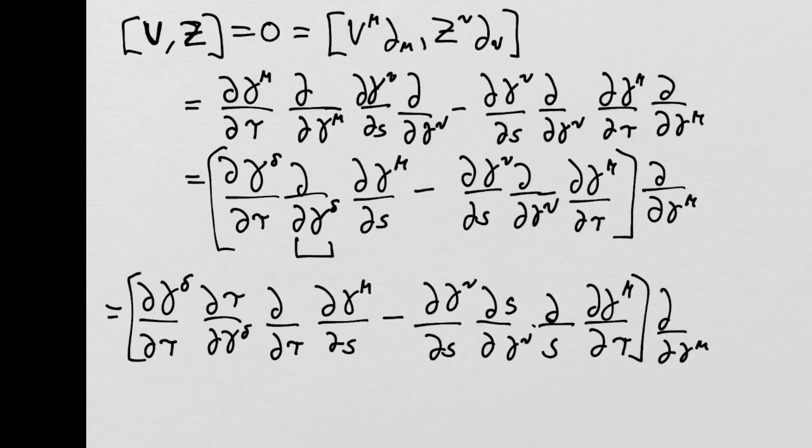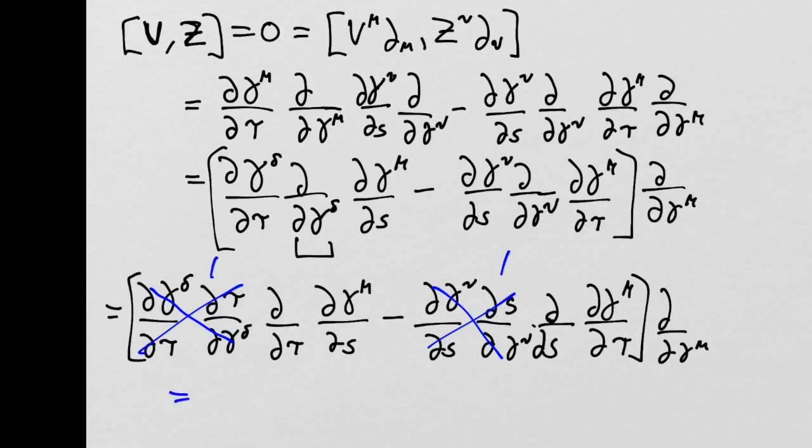And then I made the same change here for partial with respect to gamma mu. Oops, I'm missing a partial derivative here. It should be a partial s. The good news is that this cancels to 1, and that equals 1.